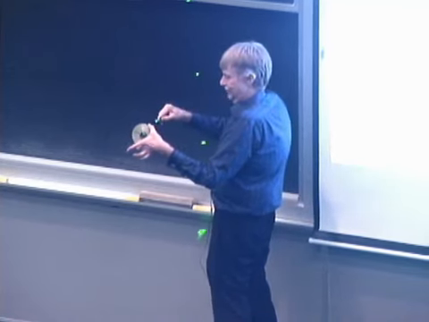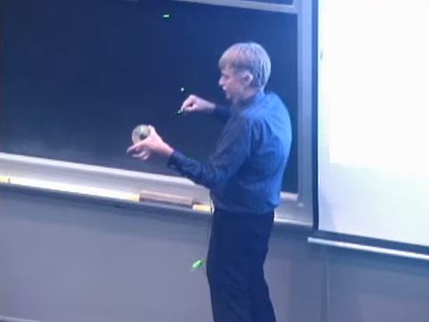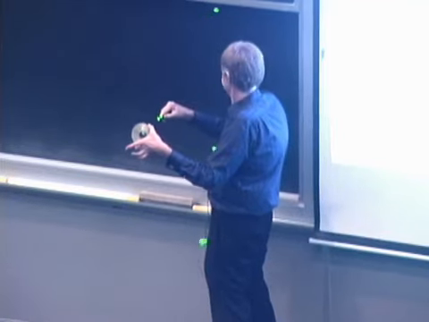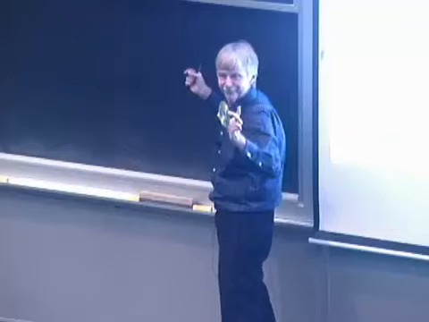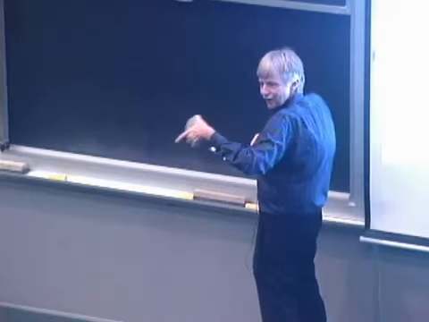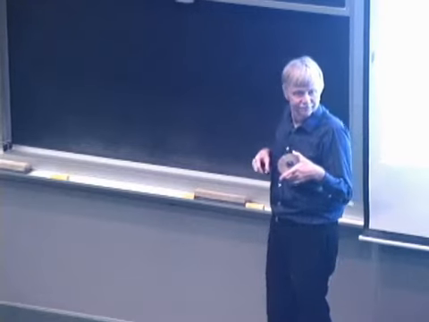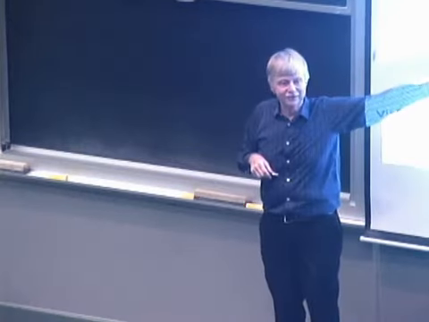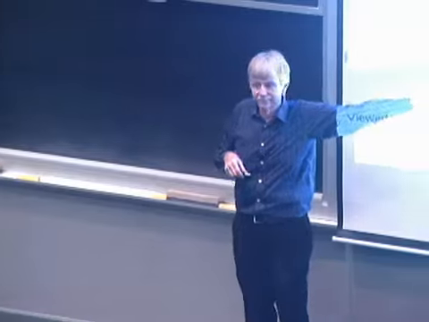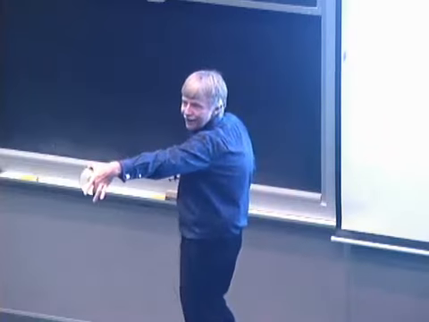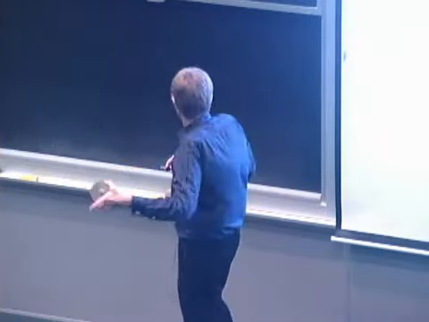Won't change. So if I do this, which I can't do while I'm watching it, no change, right? What will happen if I move this way? Well, the angle is what matters.